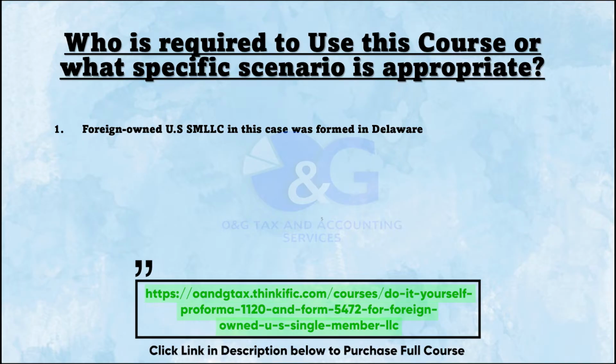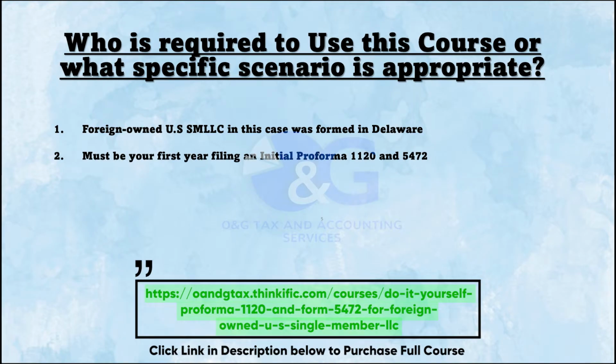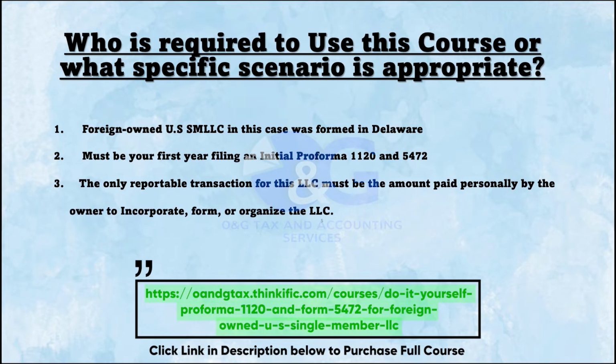For this specific scenario, you must have a foreign-owned U.S. single member LLC. This must be your first year, meaning that you're filing an initial Proforma 1120. And then the only reportable transaction that you're going to be reporting on this tax form is the amount you paid personally out of your pocket to incorporate, form, or organize the LLC.